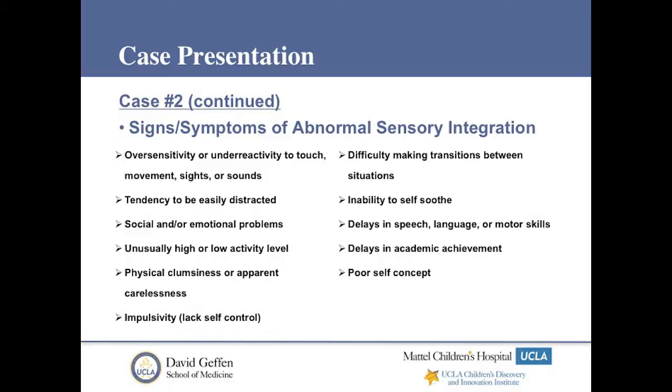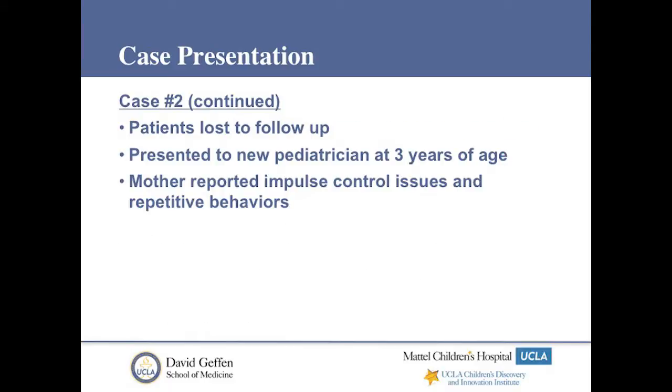And that's something that we may want to put a pin in to come back to a little bit later. So again, this was something that came up with these twins who had had this relatively benign NICU course and were pretty good size and otherwise doing well. Unfortunately, they were lost to follow-up and did not return to the high-risk infant follow-up clinic. And they presented to a new pediatrician at 3 years of age.